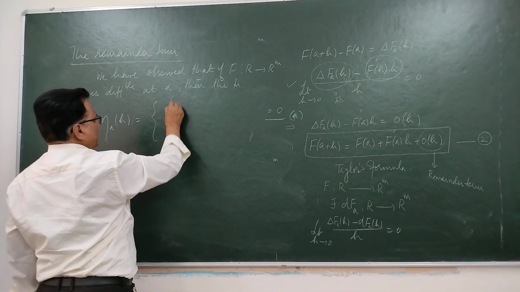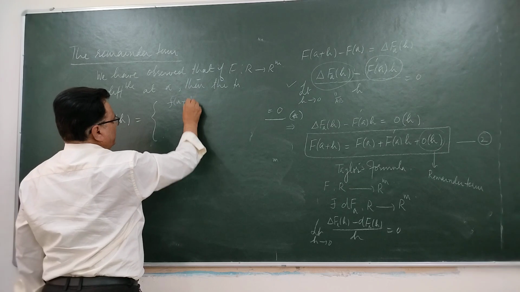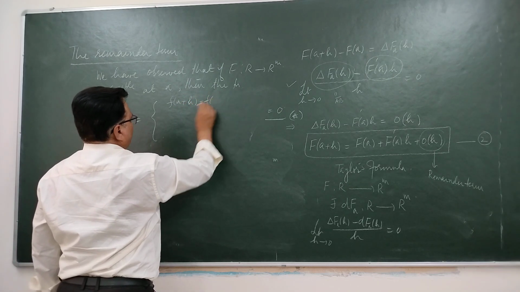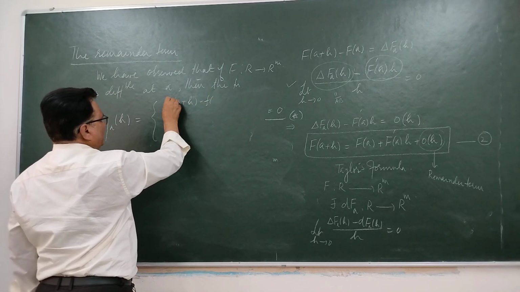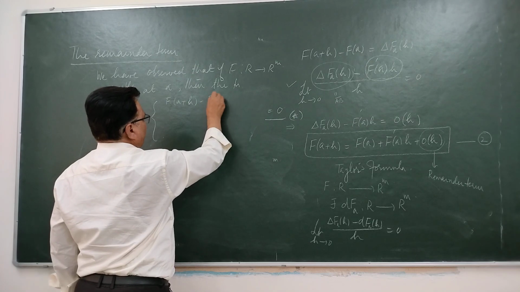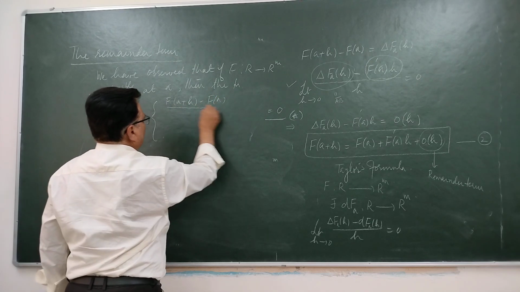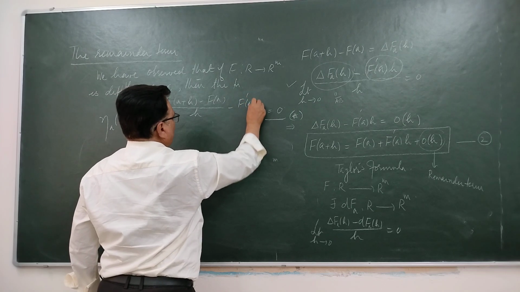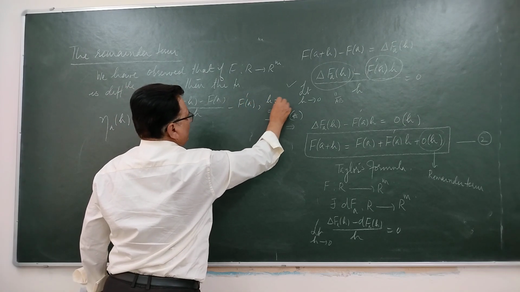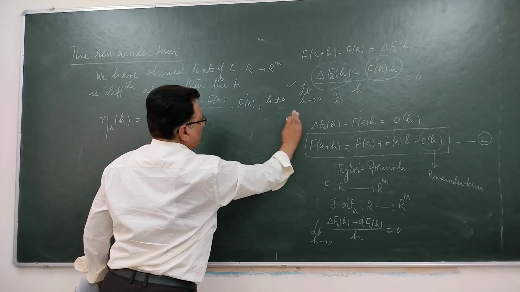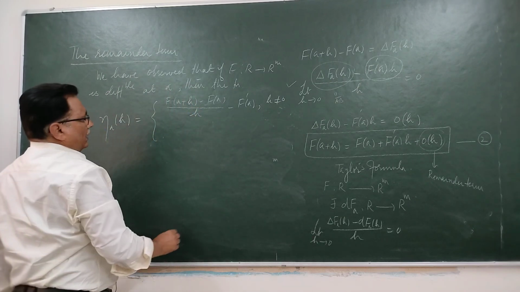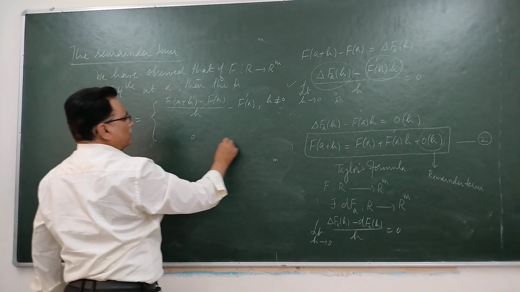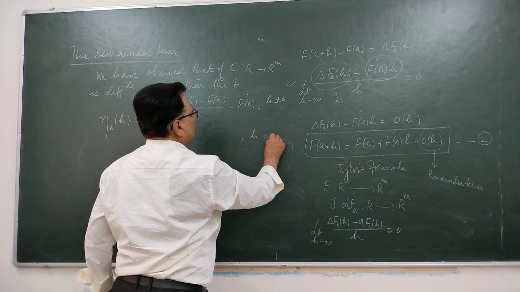I will write this as f of a plus h minus f of a upon h minus f dash a, when h is non-zero, and it is equal to 0 when h equal to 0.